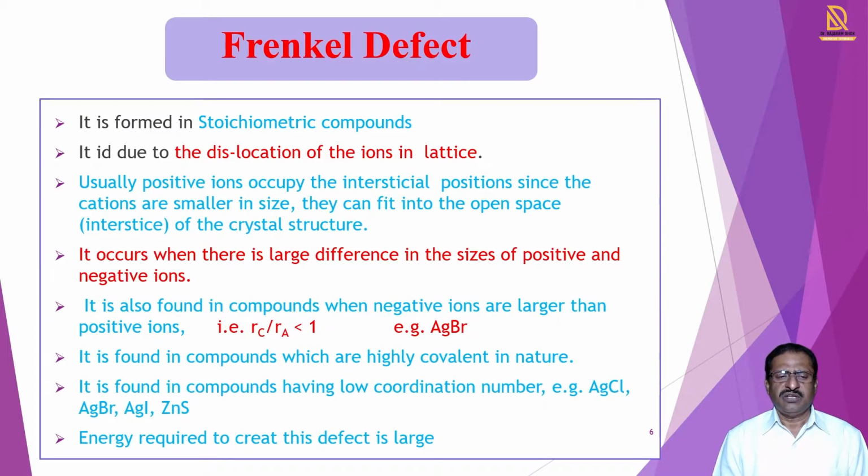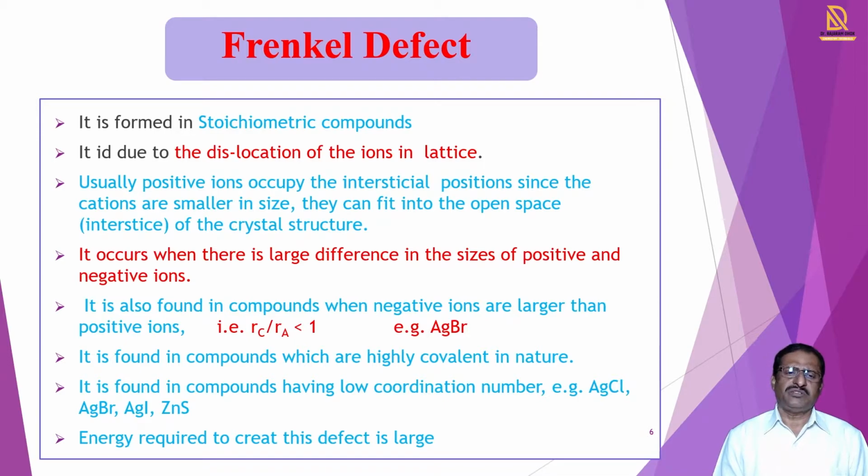Generally, this type of Frenkel defect is observed when there is a large difference in the size of positive and negative ions. So generally it is found in compounds where negative ions are larger and positive ions are smaller. So the radius ratio of cation to anion is sufficiently less than 1.